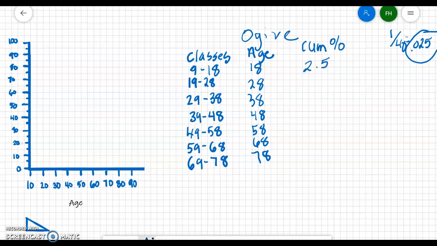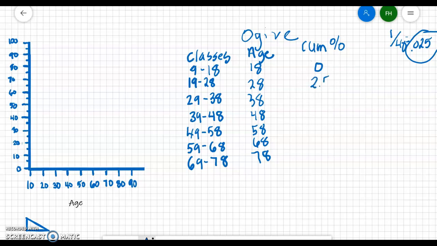So my first cumulative percentage would be 2.5. Then I believe my second one was 12.5. My third one was 45. Then 77. The first one will be 0 because we didn't have anything in that class.